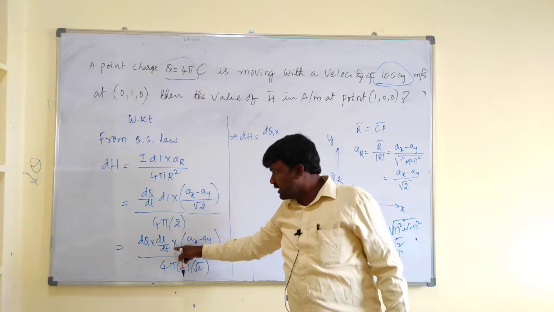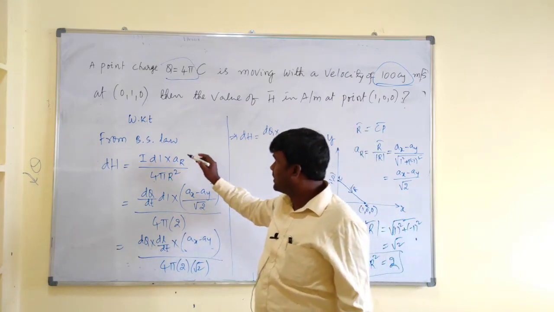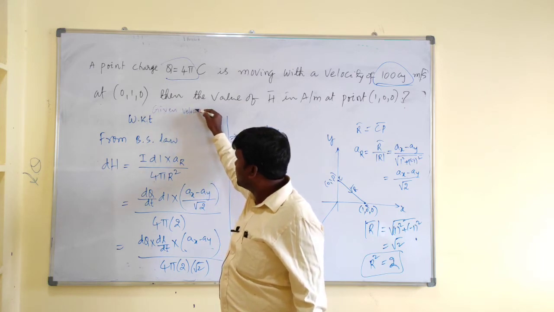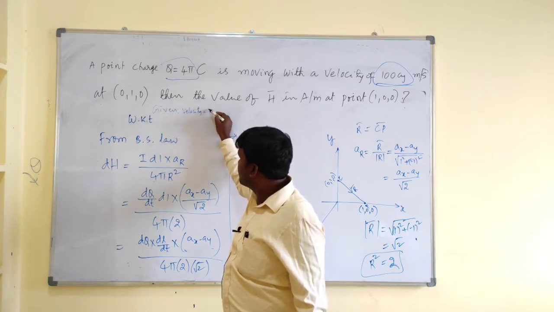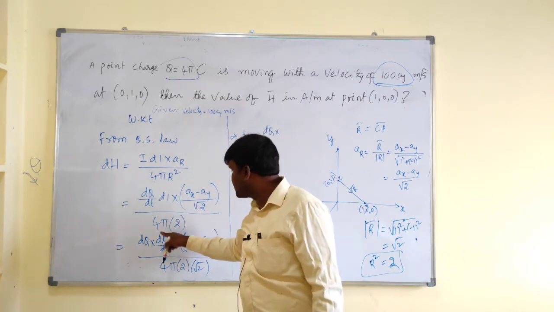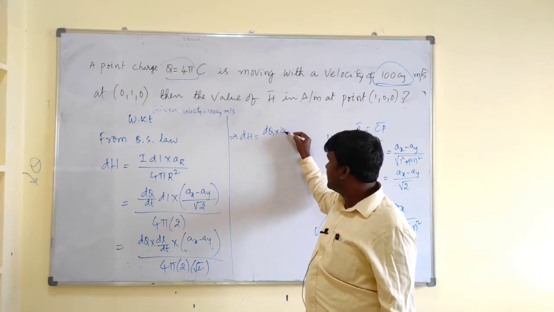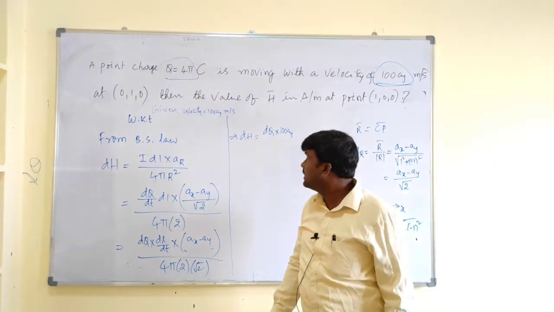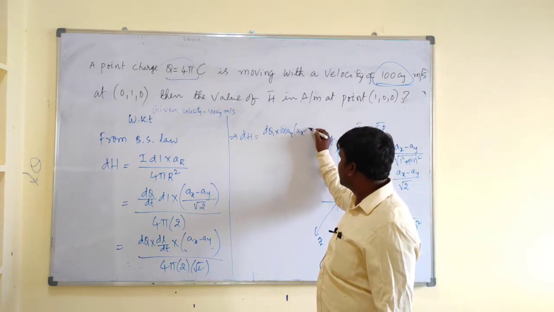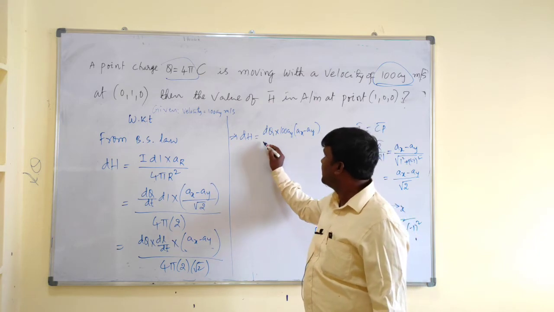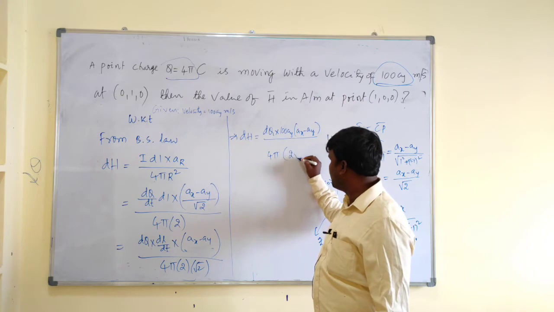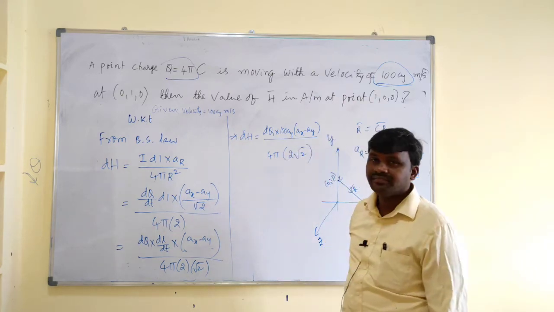So we can replace dl by dt with the velocity, 100 ay, into ax minus ay by 4 pi into 2 root 2. We can write like this.